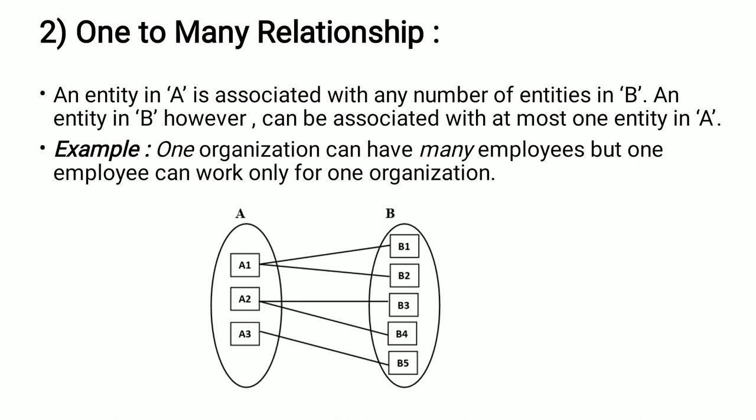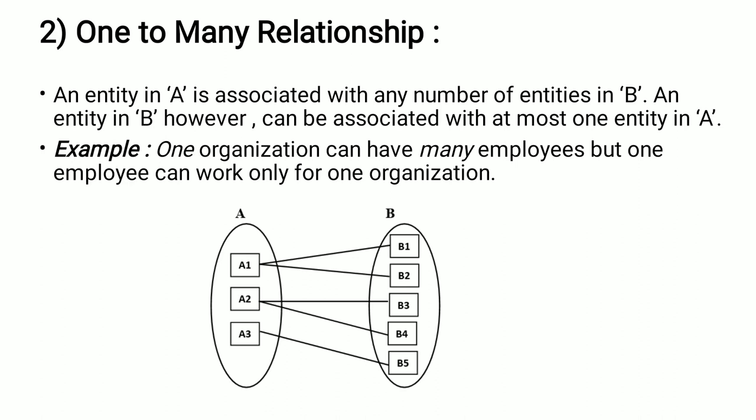Here, entity set A contains three instances, A1, A2, A3, and entity B contains five instances, B1, B2, B3, B4, B5. A1 is associated with B1 and B2, A2 is associated with B3 and B4, and A3 is associated with B5.